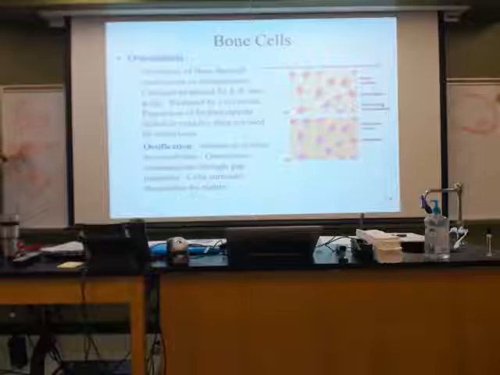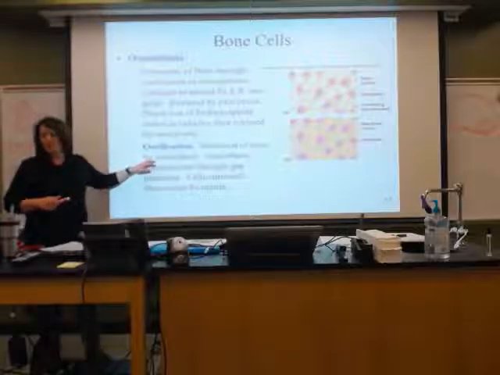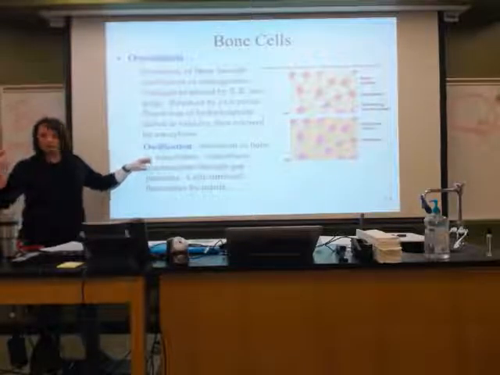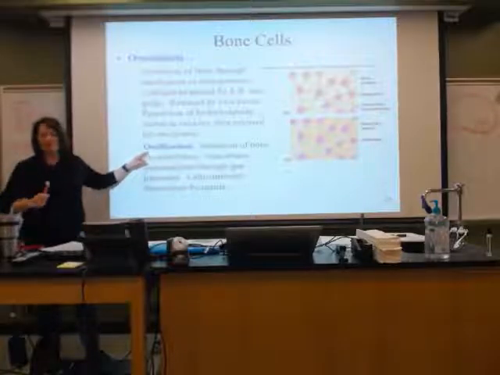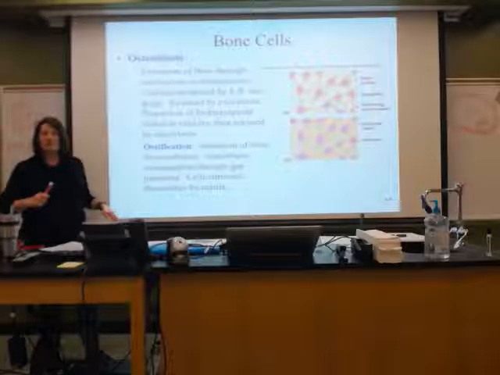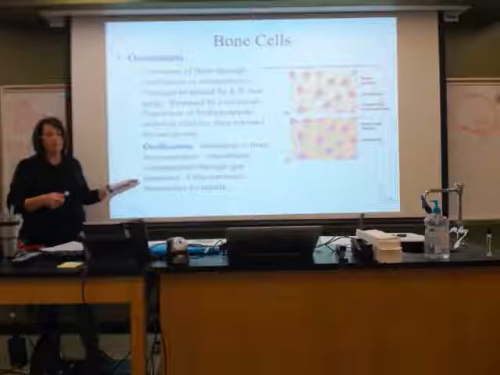The osteocyte is once again stuck in a lacuna. The process that's going to happen between the blast and becoming a cyte is going to be termed ossification. Ossification is simply hardening of the bones.